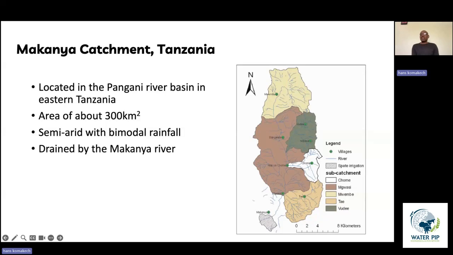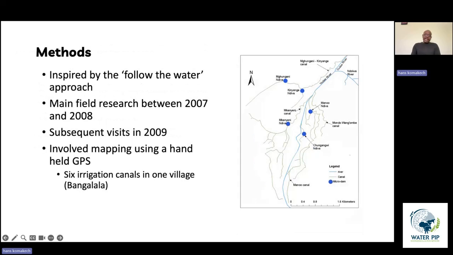It is very semi-arid, and it is drained by what one can almost say is an ephemeral river system, because part of it dries out. I put a map there on the right, but the main issue here is not to focus on the detail of the location, but more on the process that I have taken.